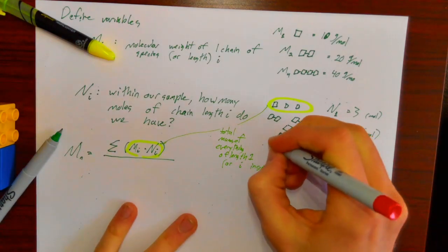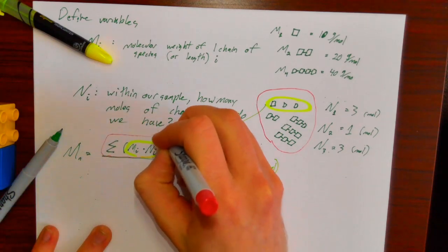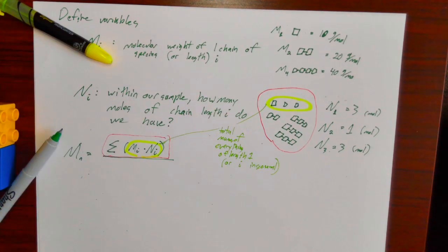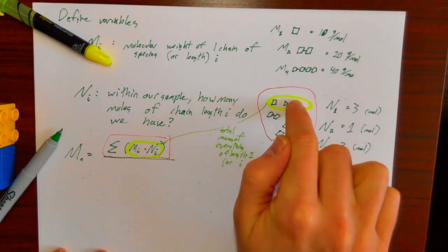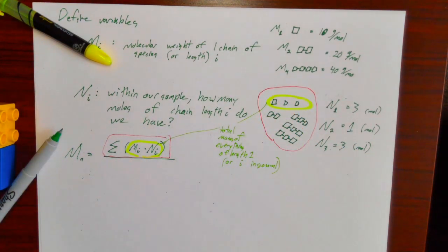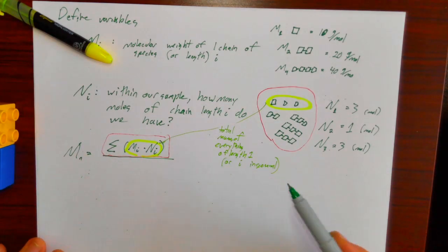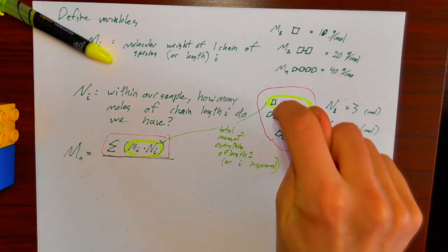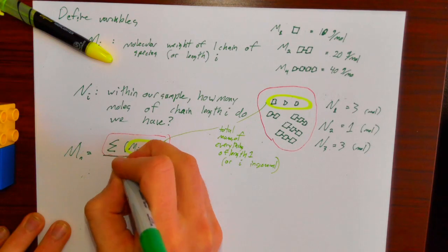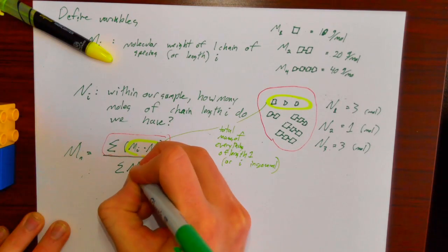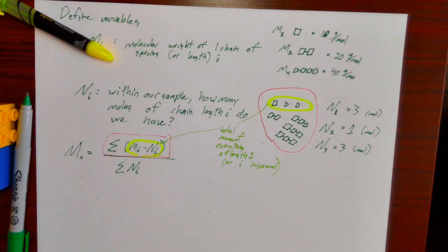So if I summed all of that up, that would represent this sum right here, the total mass of everything I've circled in red, done length size by length size. And of course, we divide that by the total number of molecules, which is what I get when I just count 1, 2, 3, 4, 5, 6, 7. So the total number of molecules is the sum of N sub I.